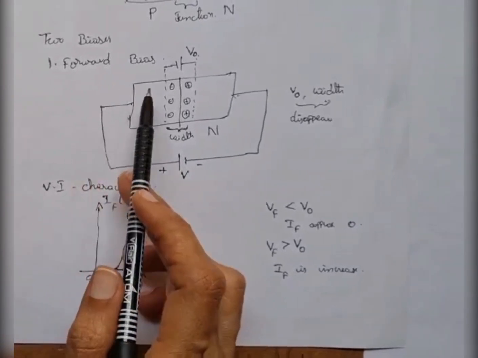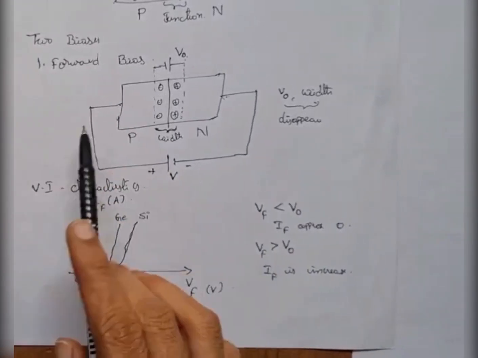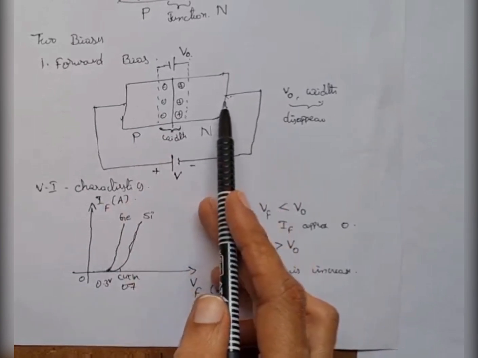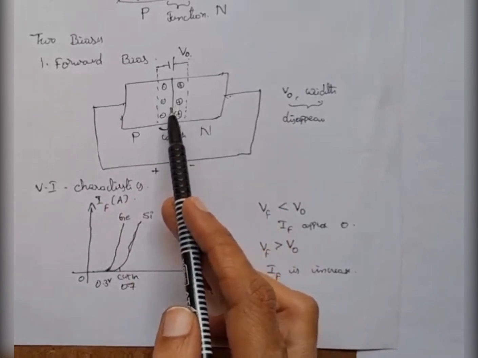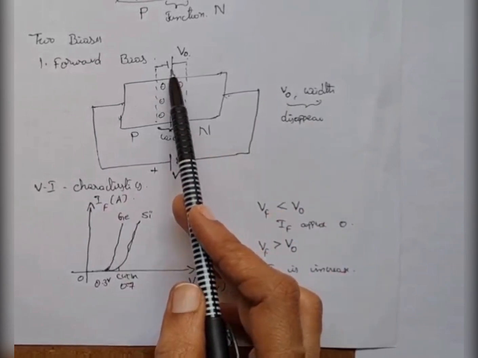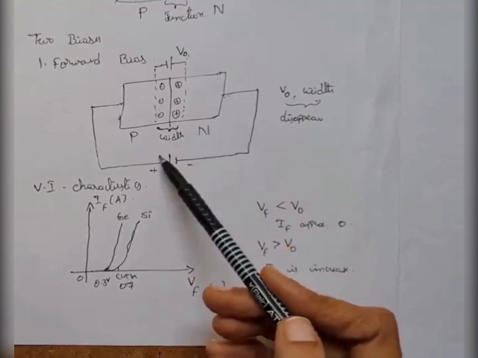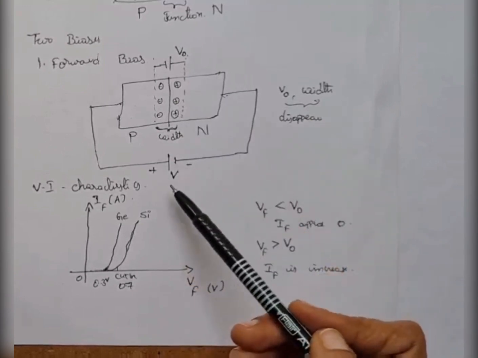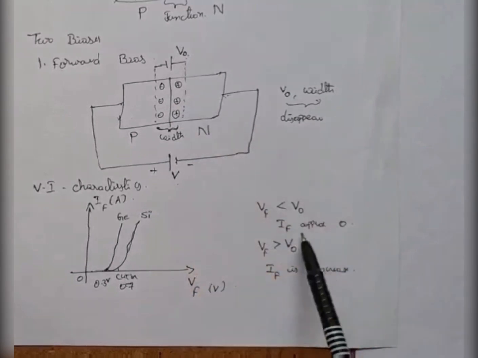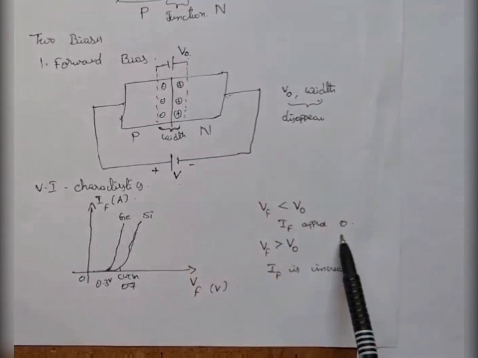This is about the forward bias. The positive terminal is applied to the P-type and the negative terminal is applied to the N-type. One junction is formed here, so in this junction some potential barrier voltage will appear. Here two conditions are there. One is applied voltage less than the potential barrier voltage: the forward current is approximately 0.